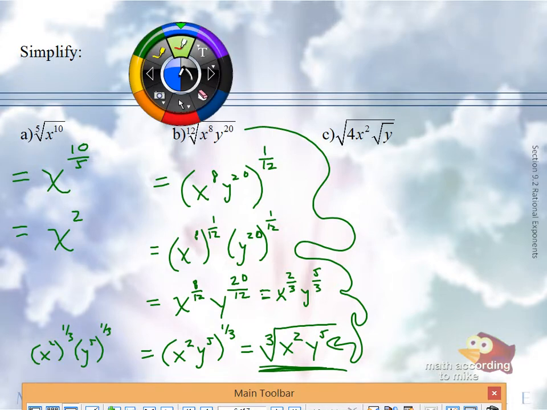All right. This is a product in here. So let's break up a radical, because a radical is an exponent. And you can break up an exponent if there's a product or a quotient.